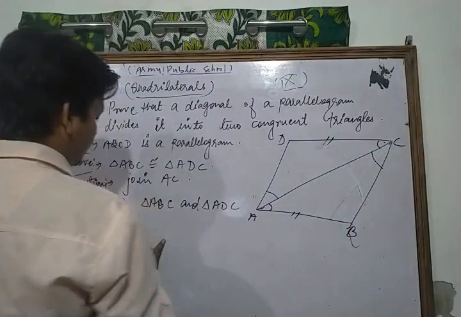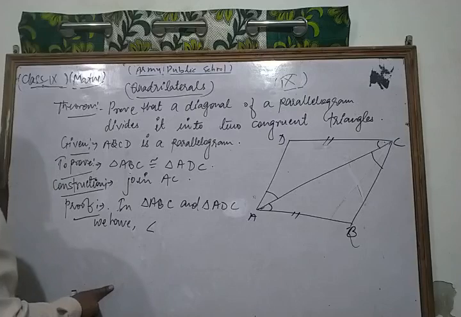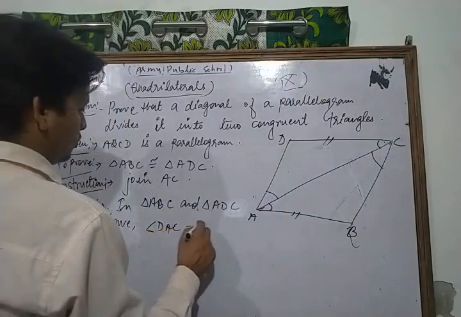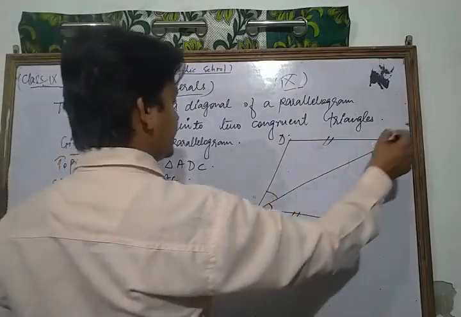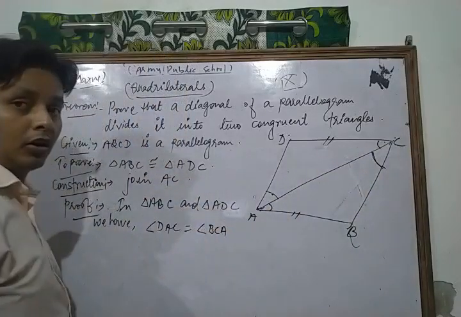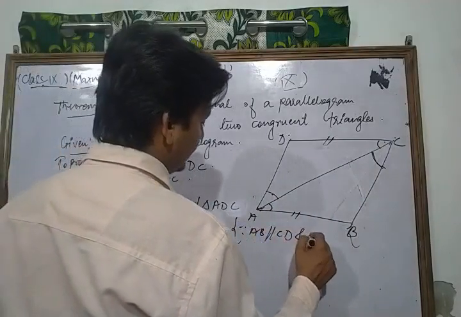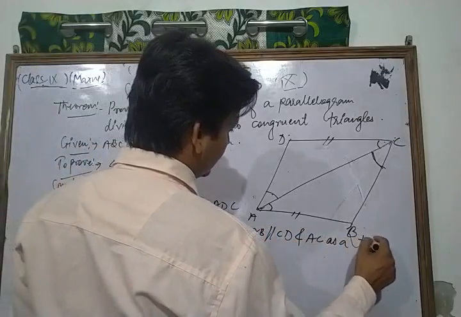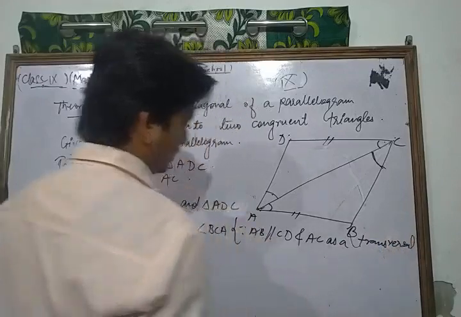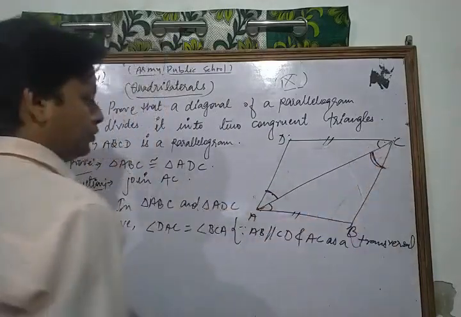So angle DAC is equal to angle BCA, since AB is parallel to CD and AC is a transversal, and you know that alternate interior angles are equal to each other.